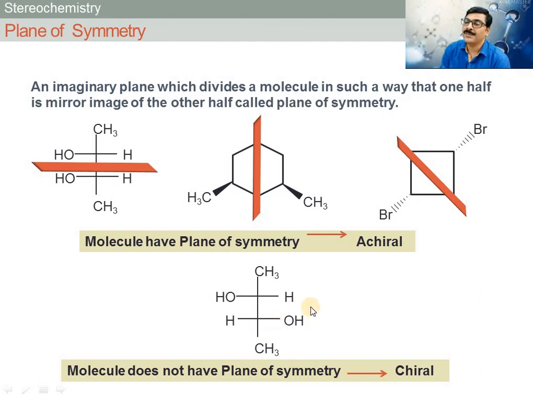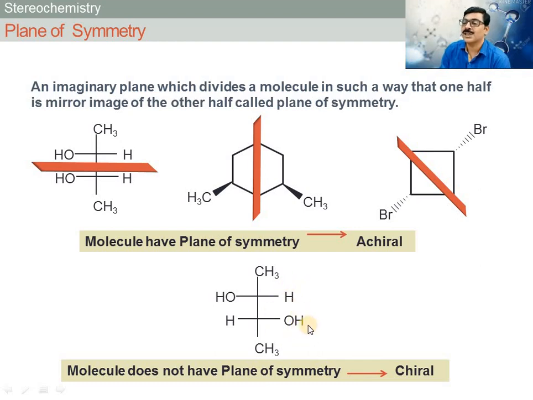Again, if you draw the imaginary plane vertically, through both CH3 groups, then again one half is not the mirror image of the other half.